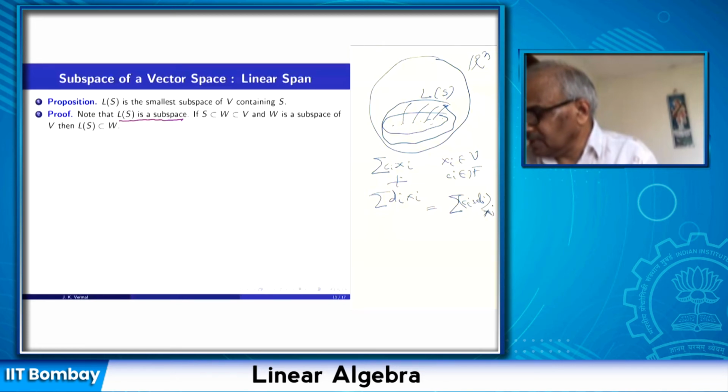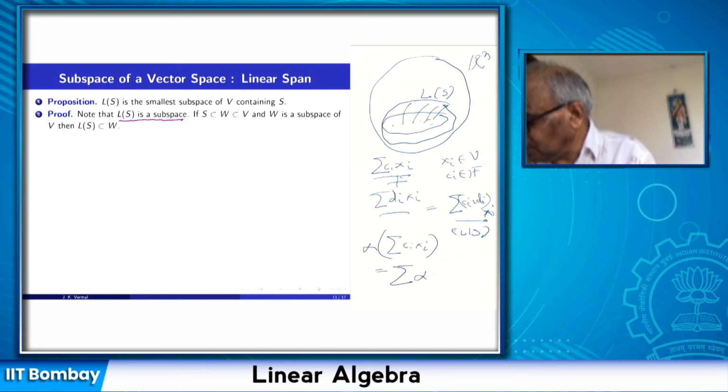By properties of addition and scalar multiplication, it is clear that the sum of these two linear combinations is again a linear combination, that is in L(S). And if I take a linear combination and multiply by a scalar alpha, that is equal to the sum of alpha c_i x_i, which is again a linear combination. So to show that L(S) is a subspace, I have to show that it is closed with respect to addition and scalar multiplication, and that the zero vector lies in it. But the zero vector is simply obtained by taking c_i equal to 0.